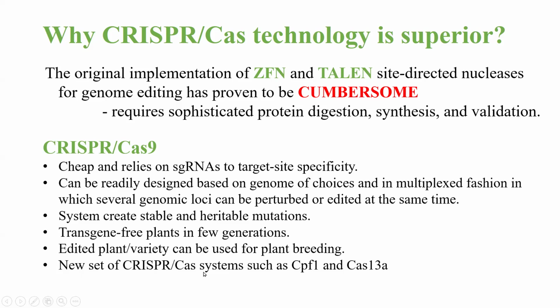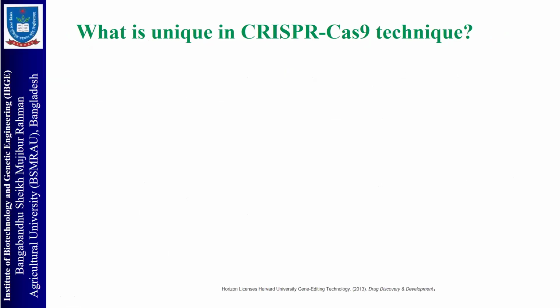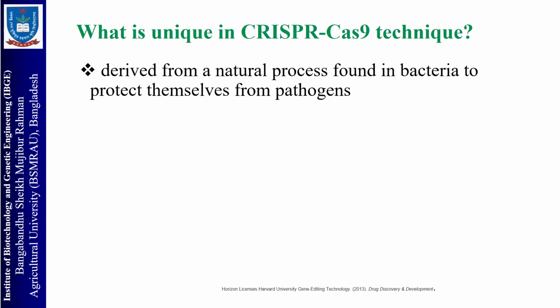New sets of CRISPR-Cas systems such as Cas12, Cas13a, and Cpf1 are being discovered from many bacteria. So what is unique in the CRISPR-Cas technique?